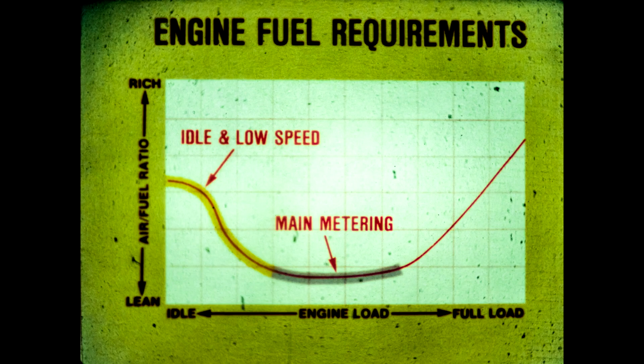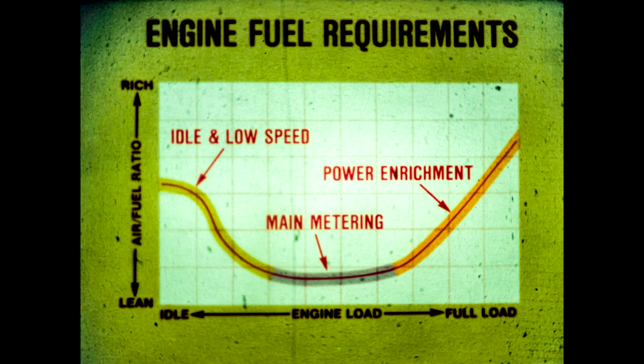A rich mixture is used for smooth operation and prevents random misfire caused by a too lean mixture. On our graph, note that the main metering system provides an economical fuel-air mixture at cruising speeds. And here we see that for high-speed or full load operation, the fuel-air mixture must be enriched to gain increased engine power. Although not shown on the graph, the accelerator pump overcomes lag with an extra shot of fuel.